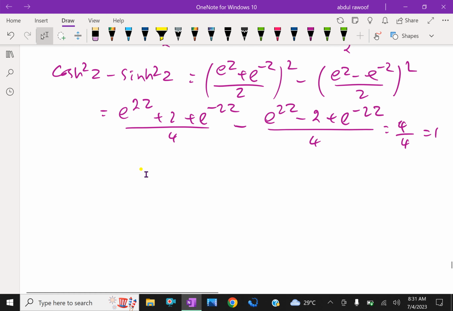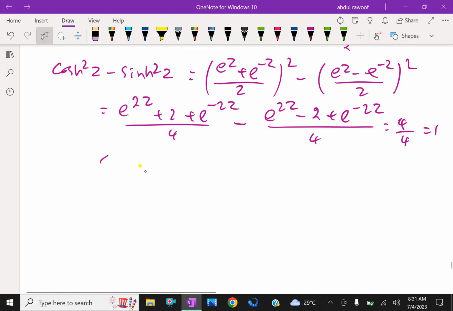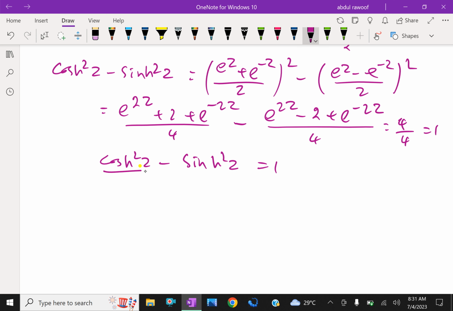Now we rewrite that one. cosh² z minus sinh² z equals 1. Divide throughout by cosh² z.